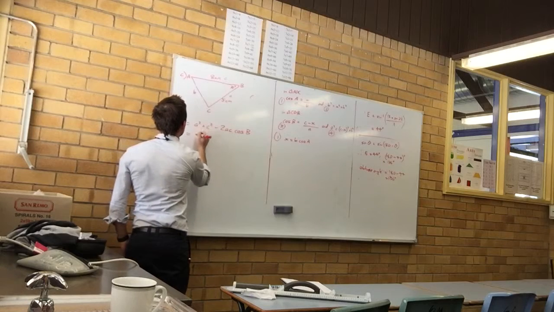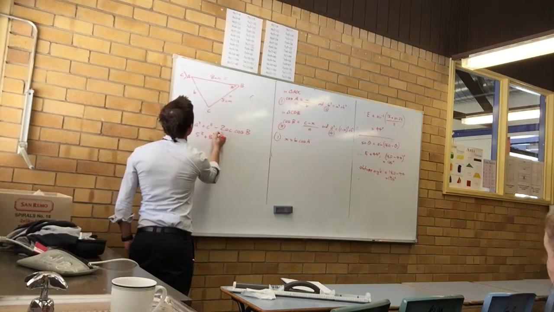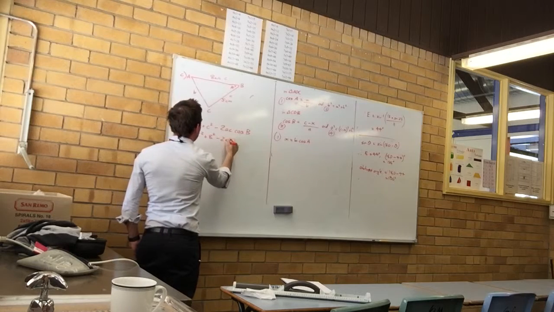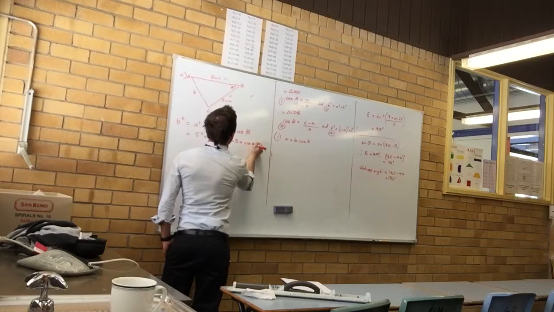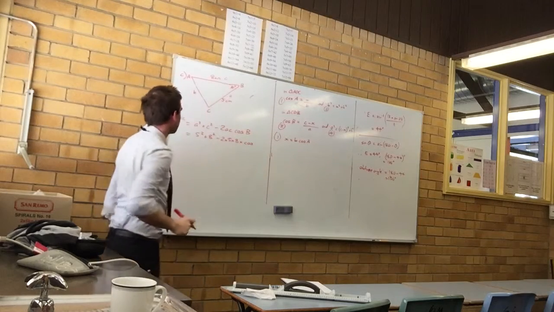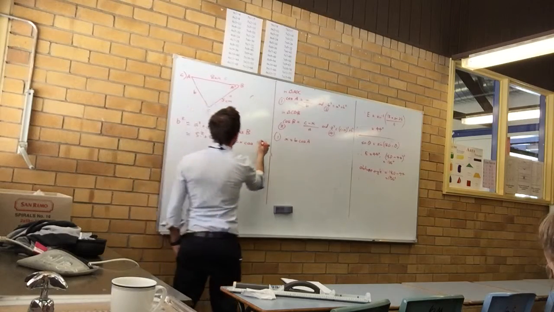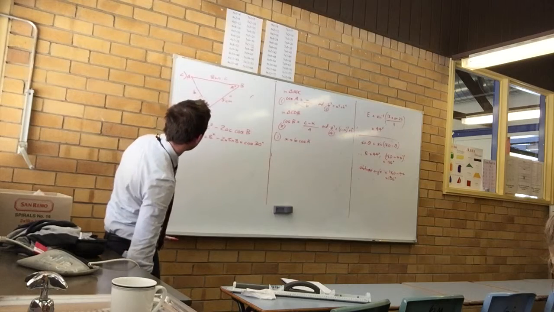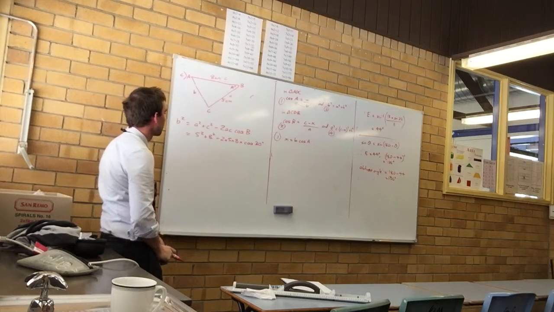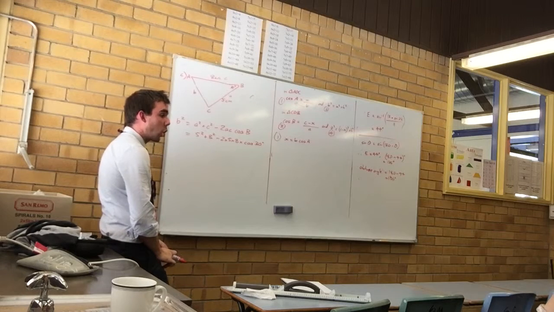Alright, so b squared equals 5 squared plus 8 squared, take away 2 times 5 times 8, so replacing my variables with the numbers from the diagram, times cos of 30 degrees. Alright, you need to be careful with this formula, and this is a common error.